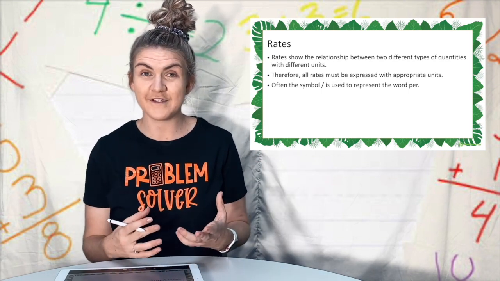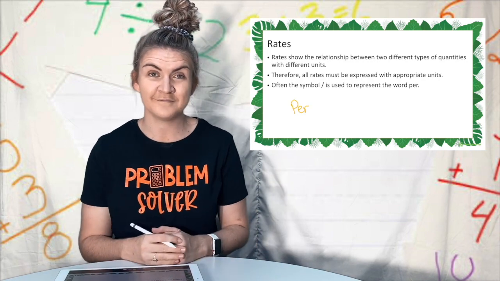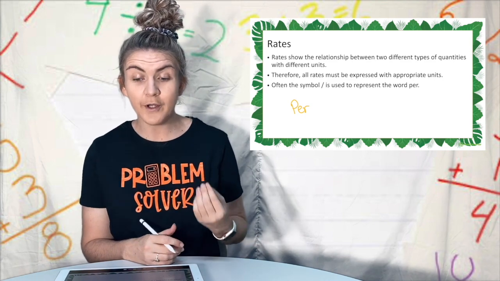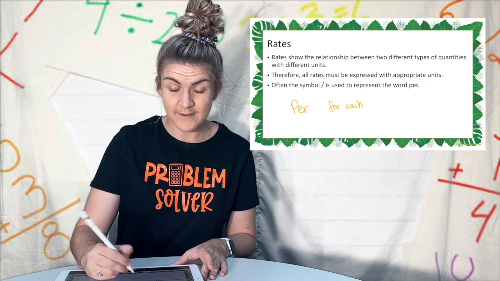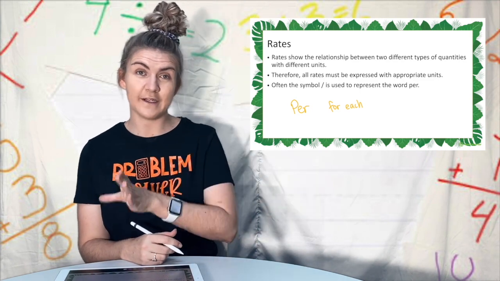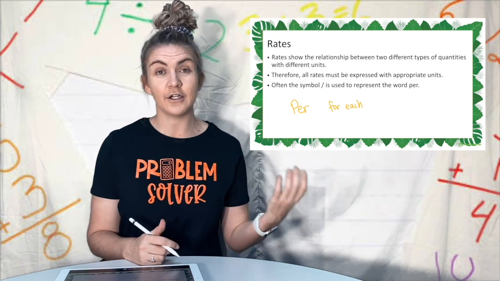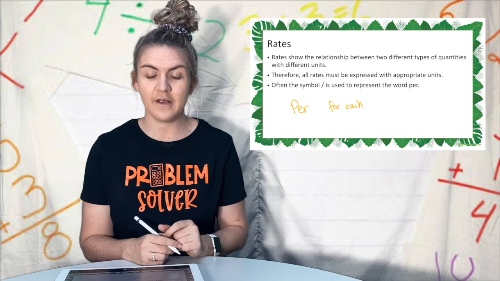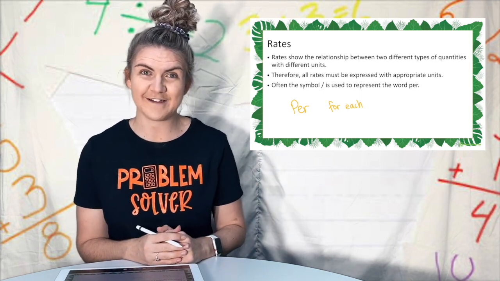What you may have noticed in all of those is that I use the word per. Dollars per liter. The word per means for each. So let's think of it. Dollars per liter. Dollars for each liter. Kilometers per hour. Kilometers for each hour. The word per is one of our main words for rates.